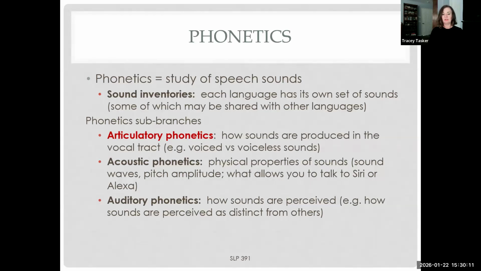So it's very important when you say something to Siri that Siri understands you. If you've ever been in your car and you've asked Siri to dial someone and Siri did not quite hear the sounds correctly, you may end up calling someone you did not intend on calling. So that's really part of acoustic and auditory phonetics.